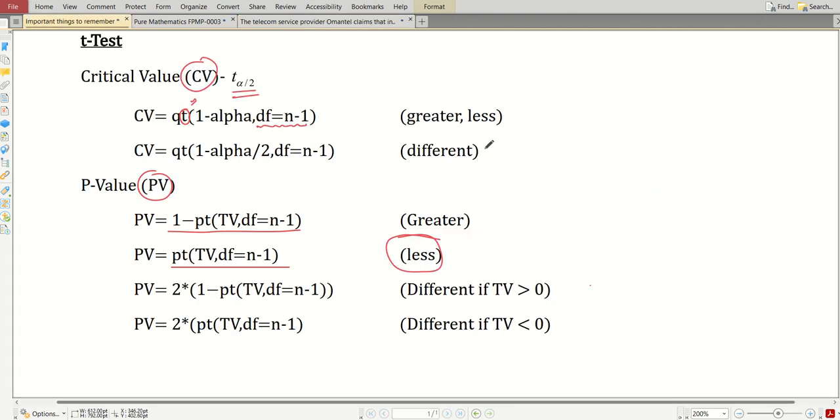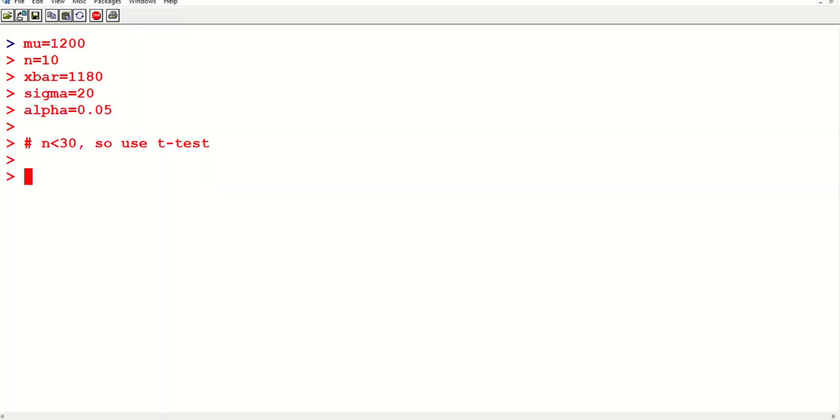We will use this one and the last two, this one. Okay. So how to calculate? So these are the values, because n is less than 30, so use t-test. Now, what is question number one? Question number one is find critical value.